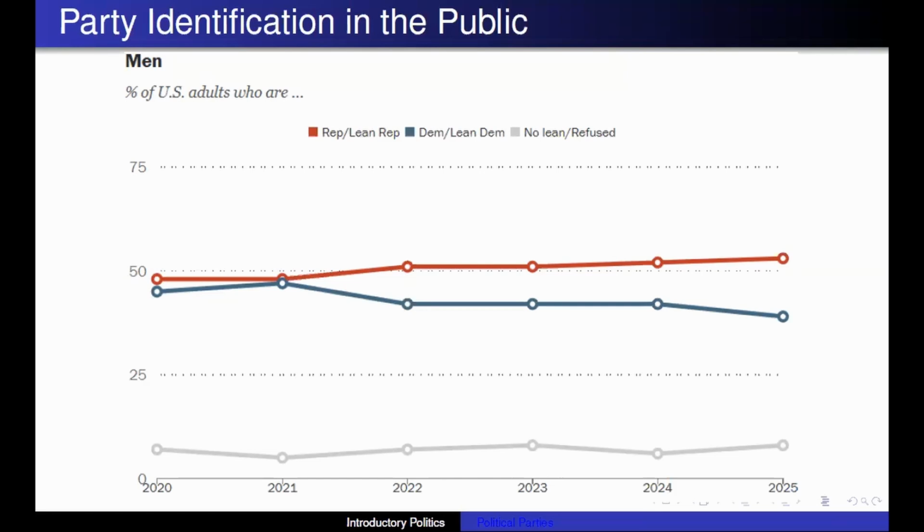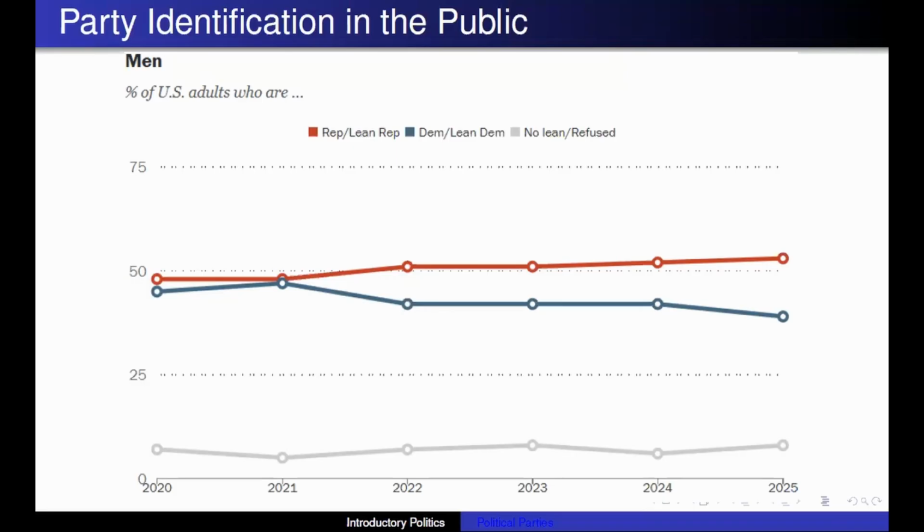But on average, overall, men tend to identify as Republican. We can see here, for example, in our most recent years, let's say 2024 and 2025, that more than 50%, just a little bit more, but more than 50% of men tend to identify as Republican.